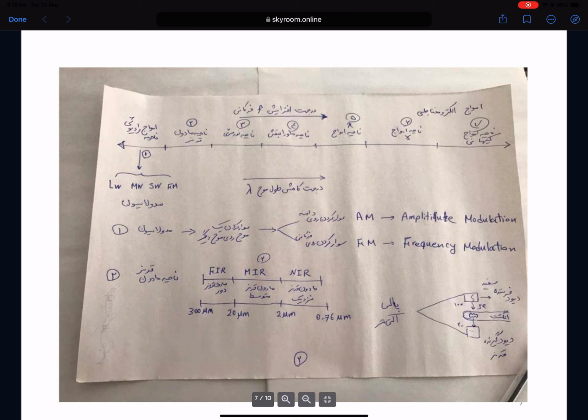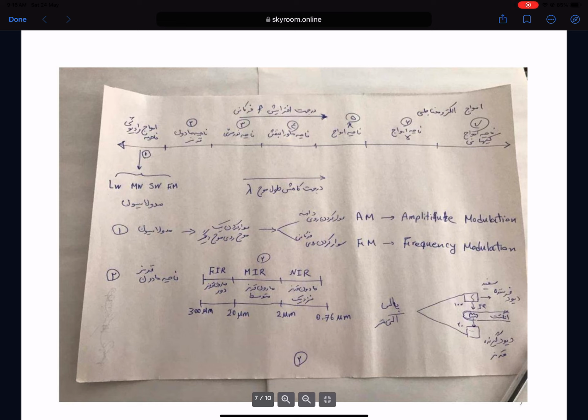So we have a lot of applications for infrared in treatment and for diagnostics, for imaging or something like that. And also we have another application of infrared. For example, in the military they have a specific infrared camera which they can use to see something at night. They can see people or animals during the night.